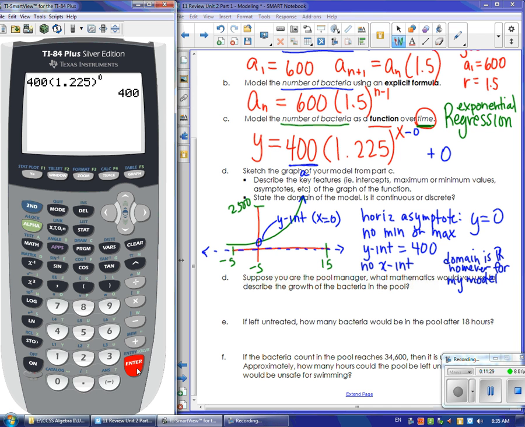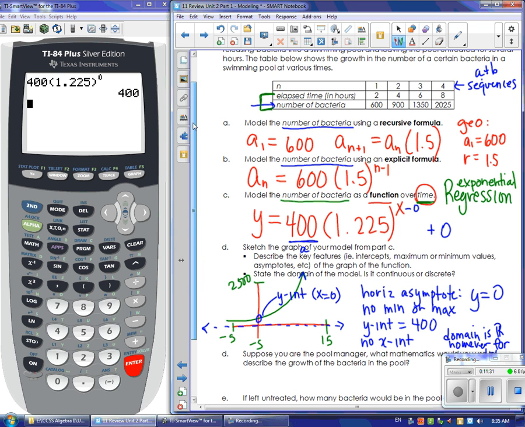With my model, remember, it's only good at predicting values for the data that I've collected. So I want to be careful when I'm describing the domain. It's only my model, and I think it even asks, state the domain of your model, not of the exponential function, but of the model.